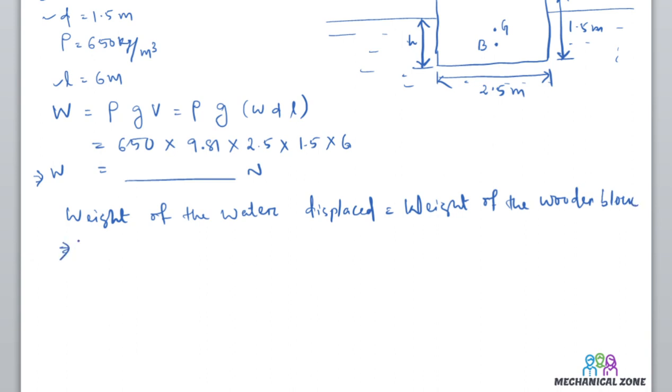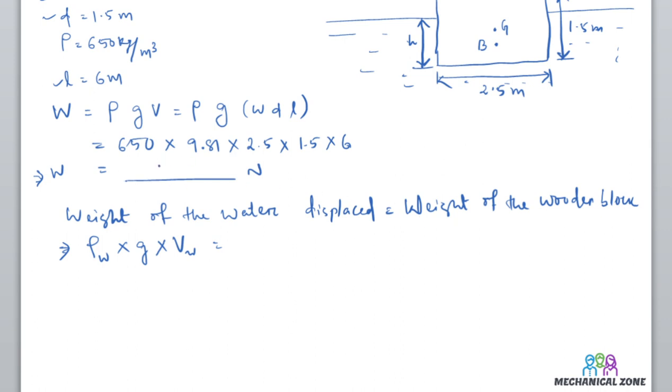So I can say the weight of the water displaced will be given by the formula: the density of water into g into volume of water displaced, and the weight of the wooden block, you have this.